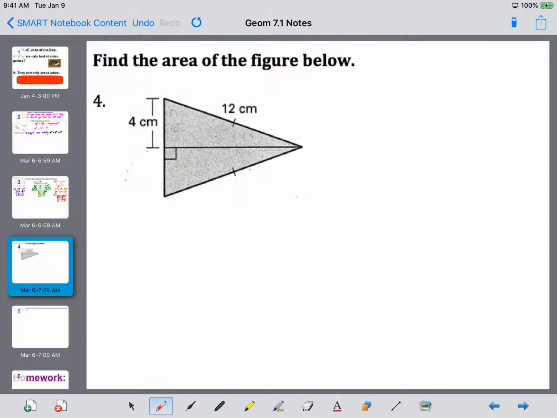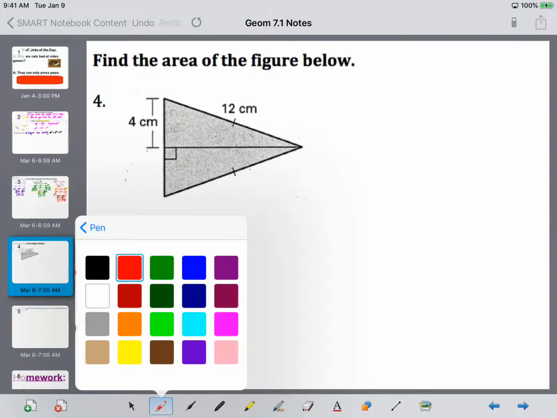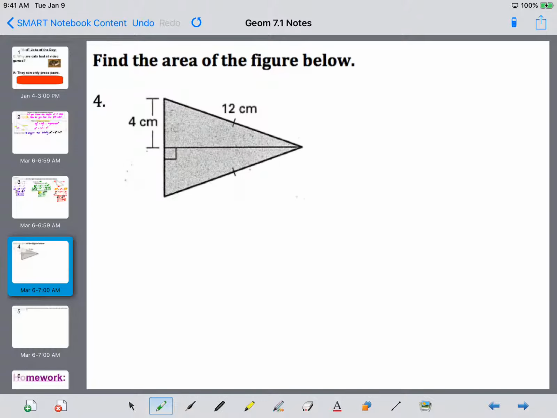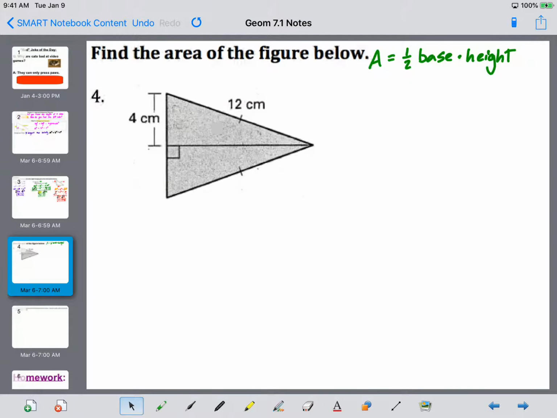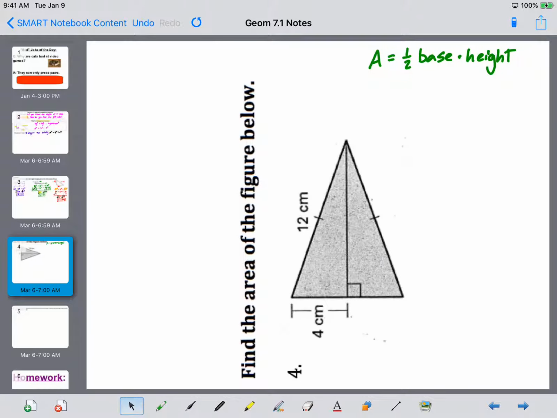All right, let's look at an example involving area. If you recall from way earlier, I believe it was chapter 1, we calculated the area of a triangle by taking 1/2 of the base and then multiplying it by the height. When you look at this triangle here, you kind of have to think of it spinning around this way.